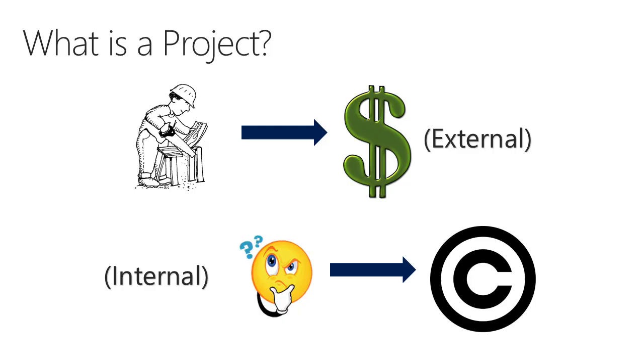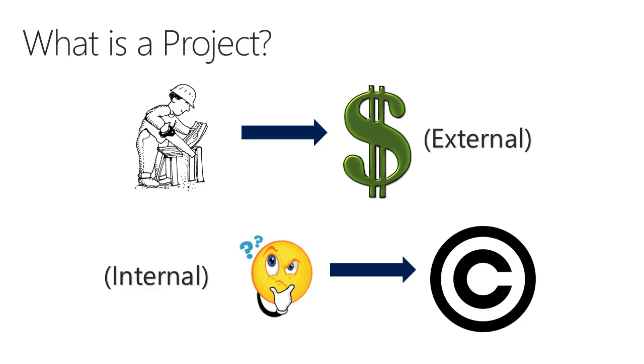And the first thought process is that there are projects that you do for someone to gain a sale, and those I'd identify as the top example. They're external type projects. So we can see Bob the Builder there. He's doing some sort of work on a construction site or whatever it is, and the end result is that his company is going to gain some sort of revenues from the customer associated with the construction project that he's working on.